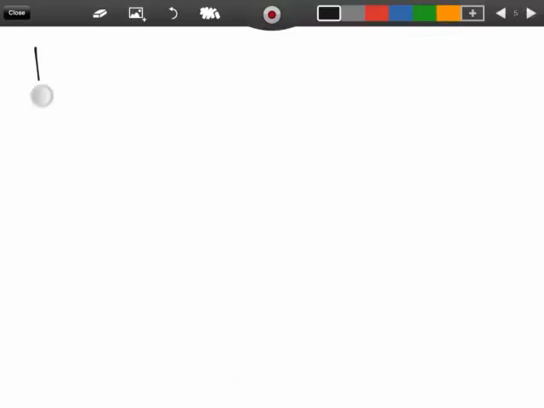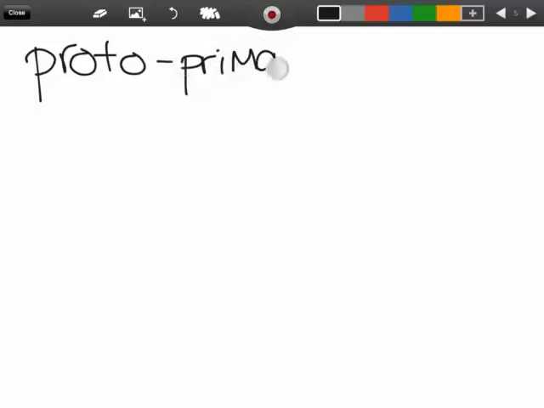Moving on to our next root, which is proto, meaning primitive, first, and chief.